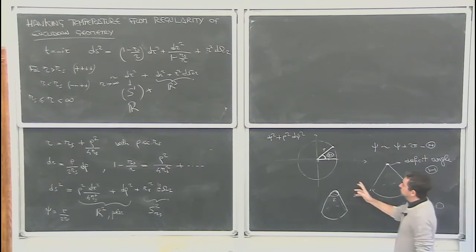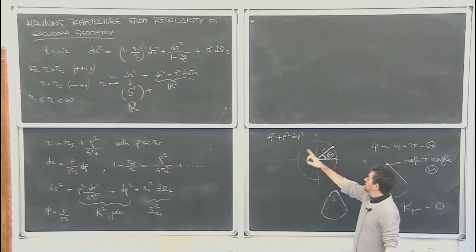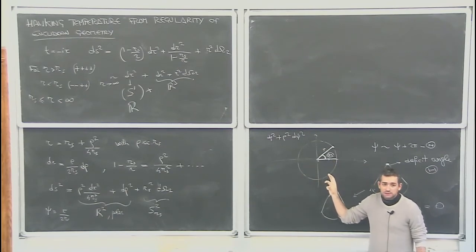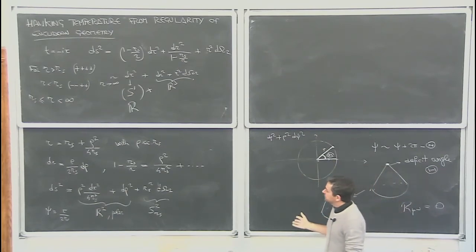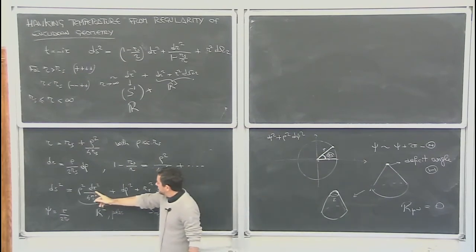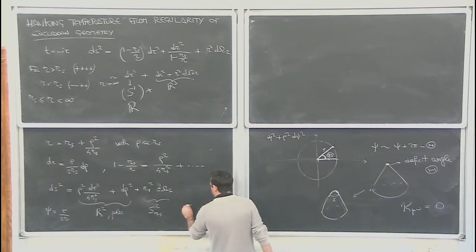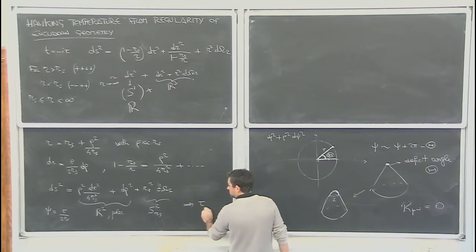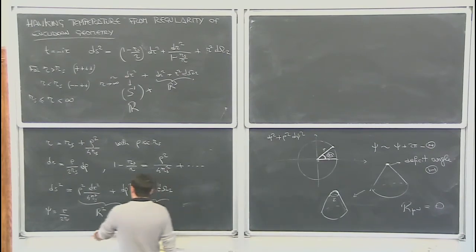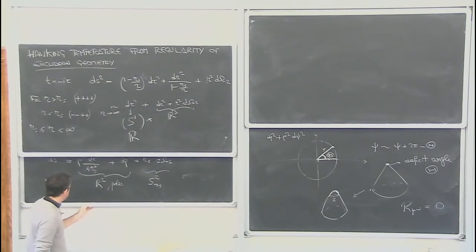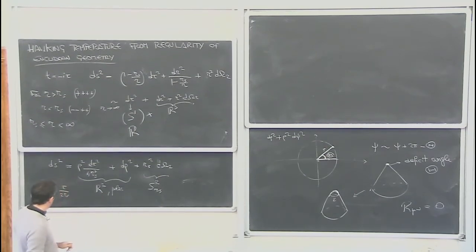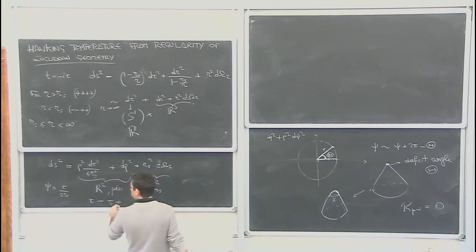So we want really to identify psi with psi plus 2 pi, no deficit angle theta, and therefore the original coordinate tau, so I write it here, R2 in polar coordinates, yes, it's correct, but in order for this to be really true and have a smooth space, we need to identify tau with tau plus 4 pi Rs.